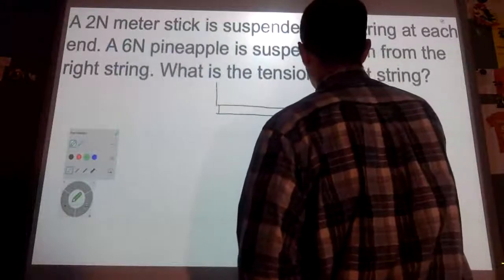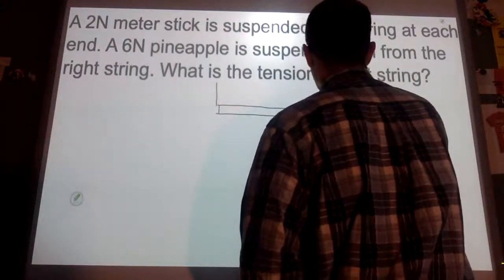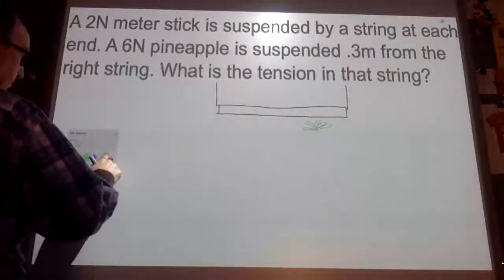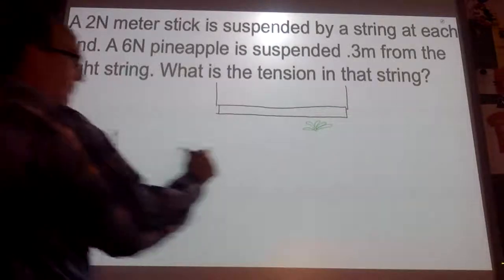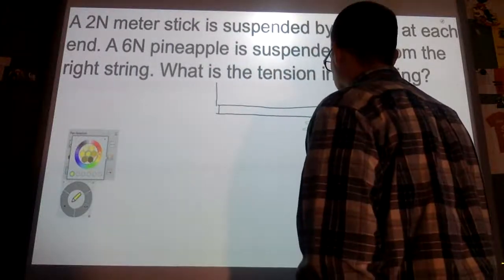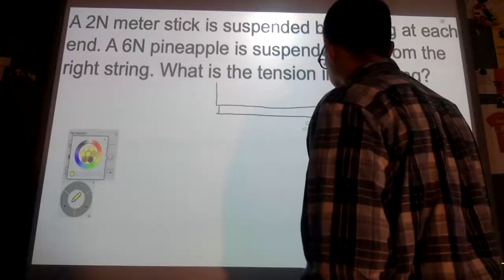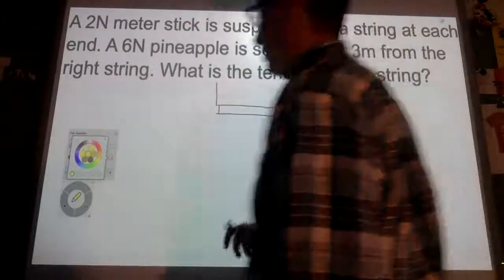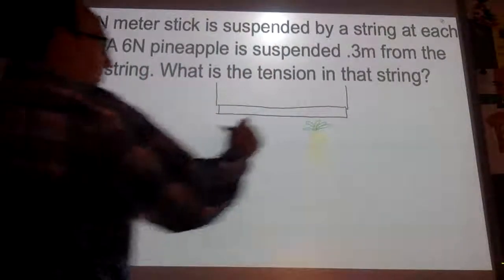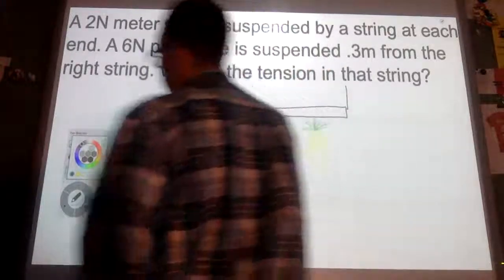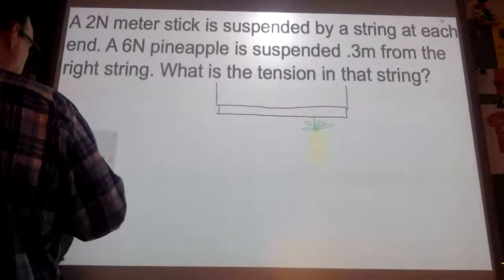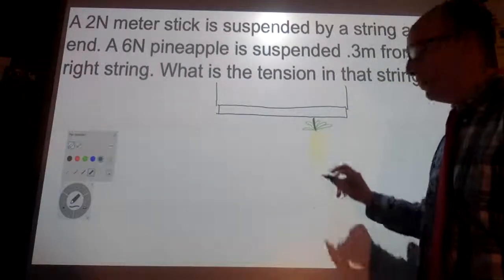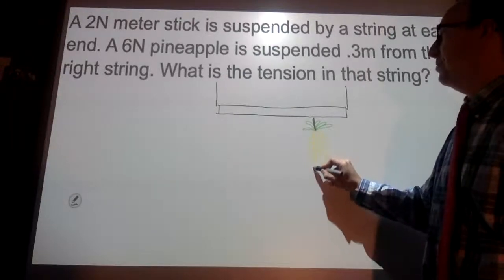So here's my pineapple. And we're saying that this pineapple is 6 newtons.